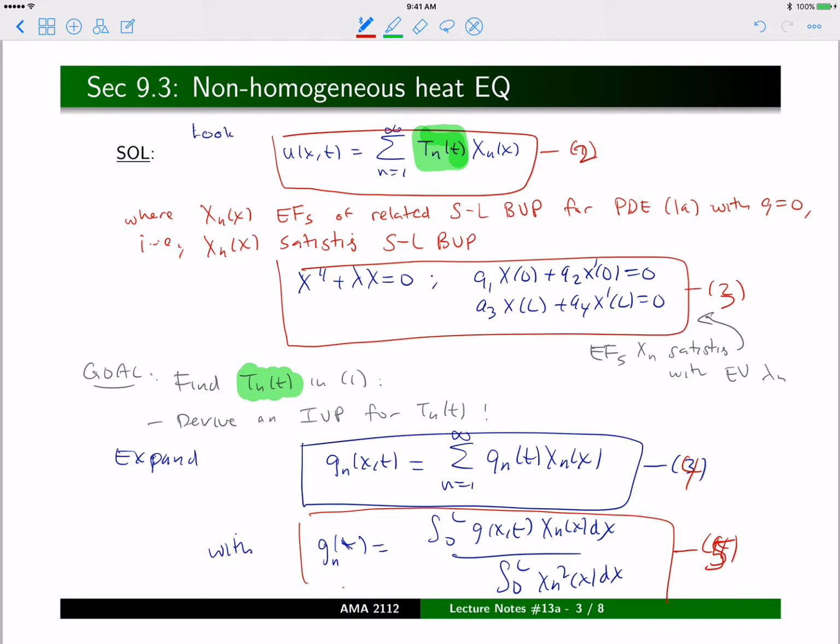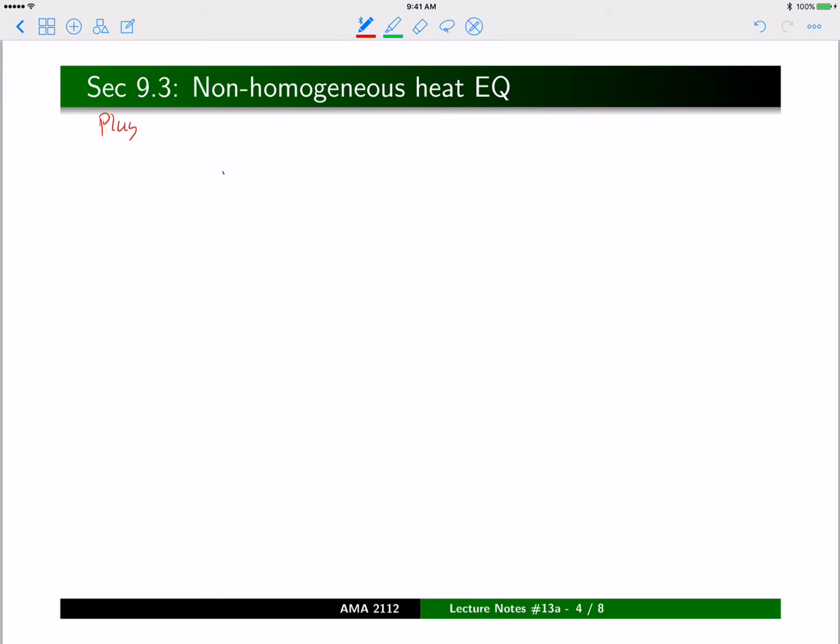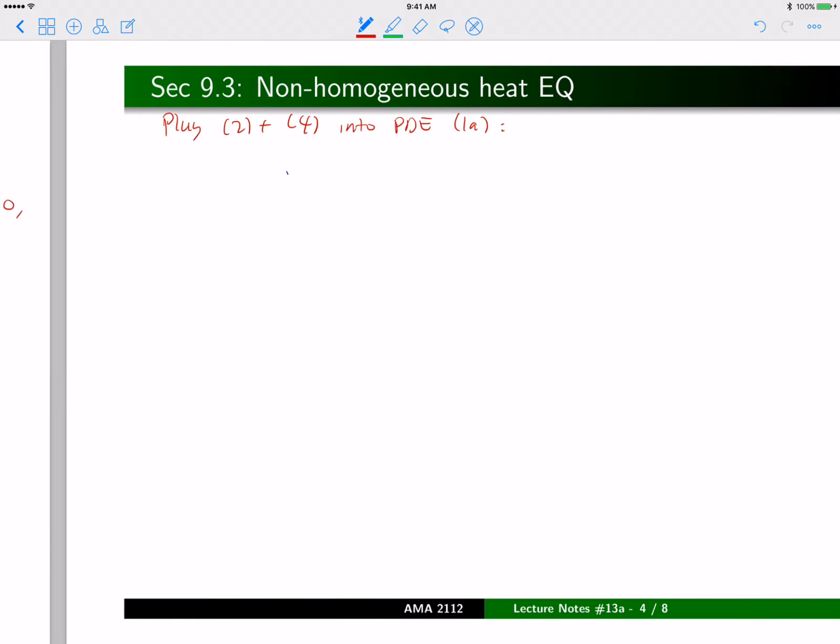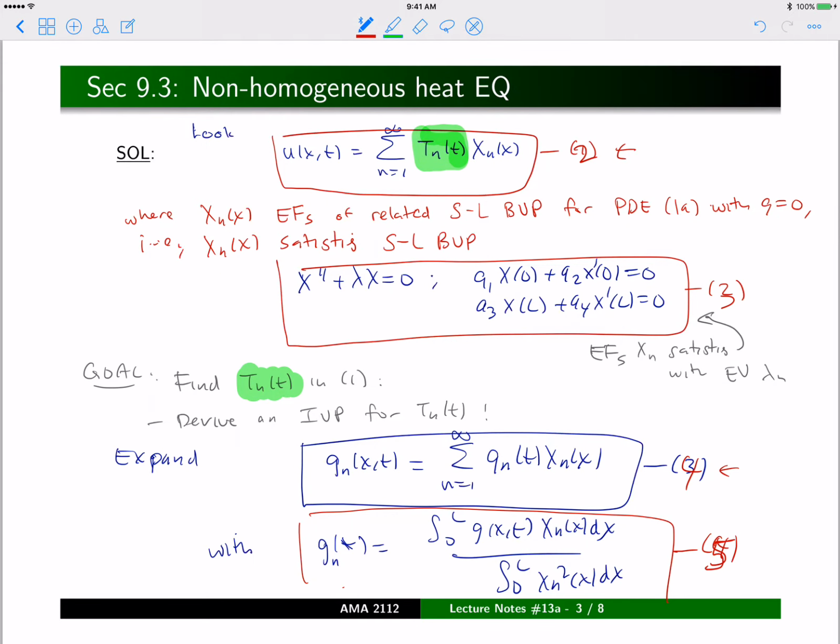Now let's plug 2 and 4 into PDE 1a. So what do we get? For the derivative with respect to time, we just hit the Tn of t function, and for the derivative with respect to x, we just hit the Xn of x function.